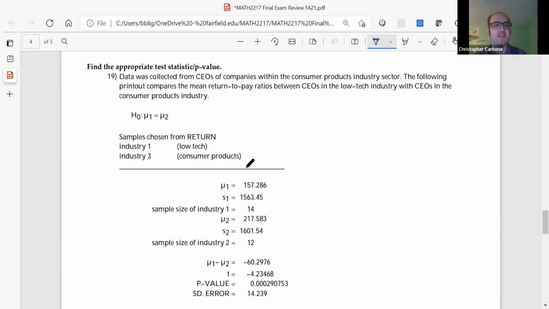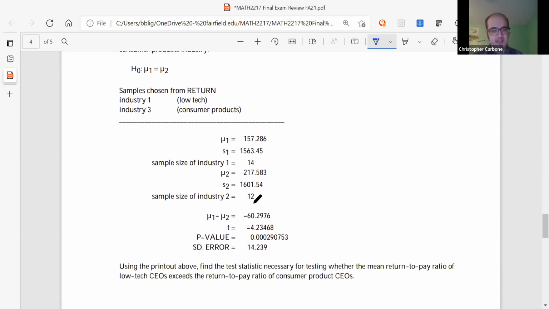The following printout compares the mean return to pay ratios between CEOs of the lower tech industry with CEOs in the consumer products industry. The null hypothesis is that the two means are equal. And then we have this big printout involving samples chosen from return. Industry 1 is the low tech, industry 3 is the consumer products.